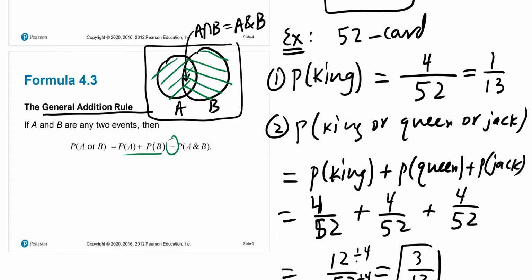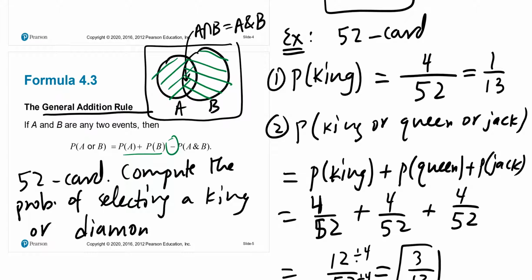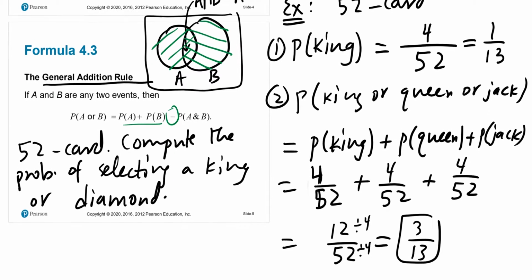Let's say from a 52-card deck, we would like to compute the probability of selecting a king or diamond.